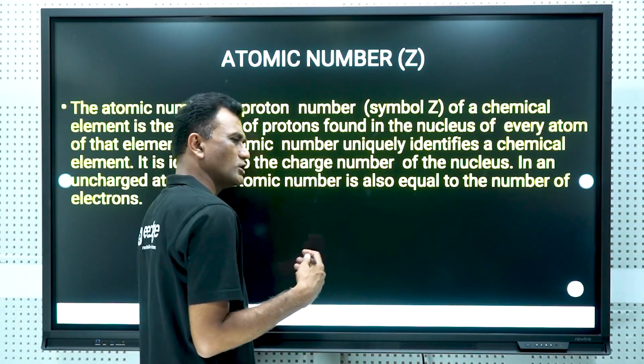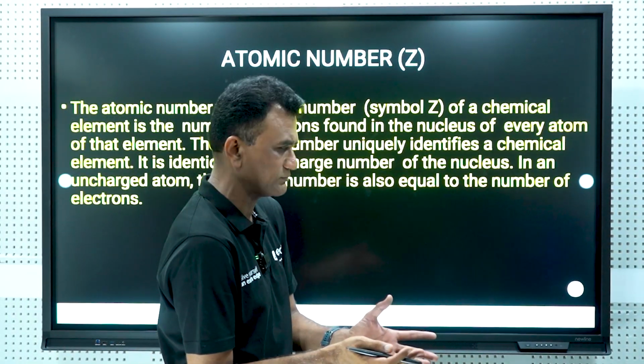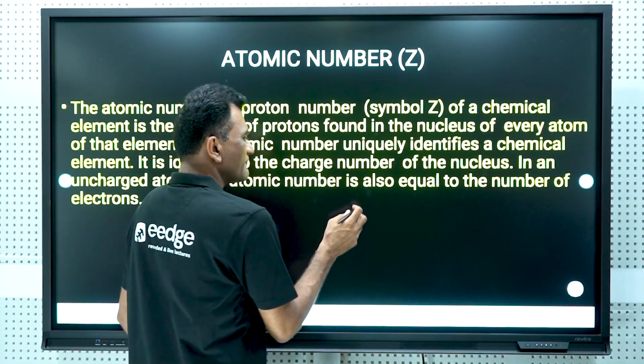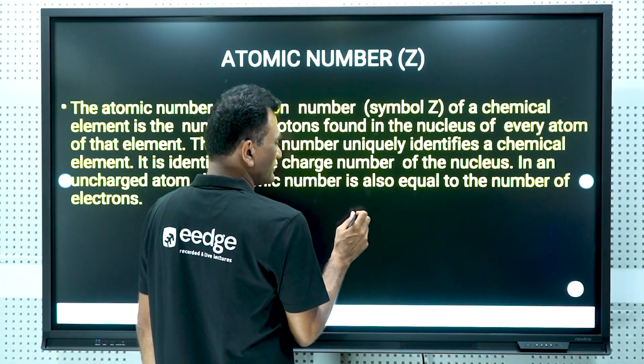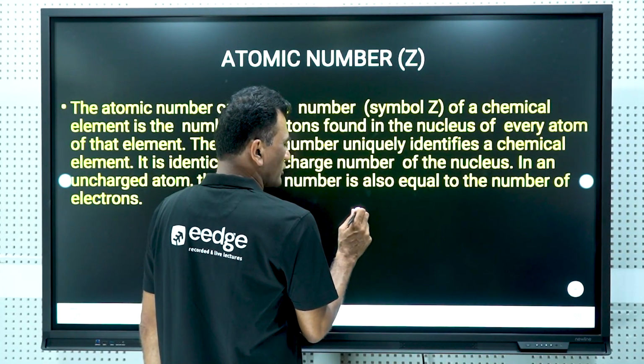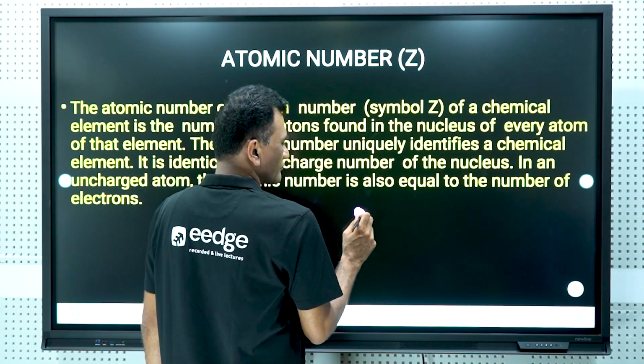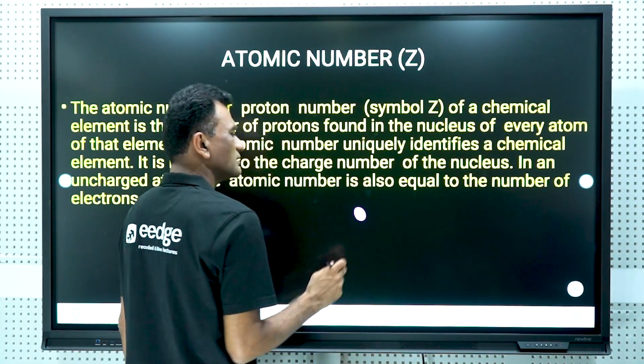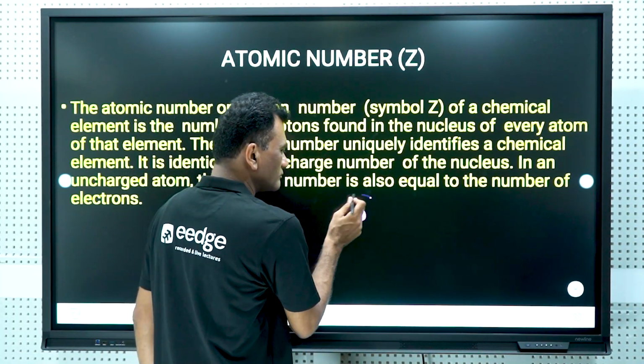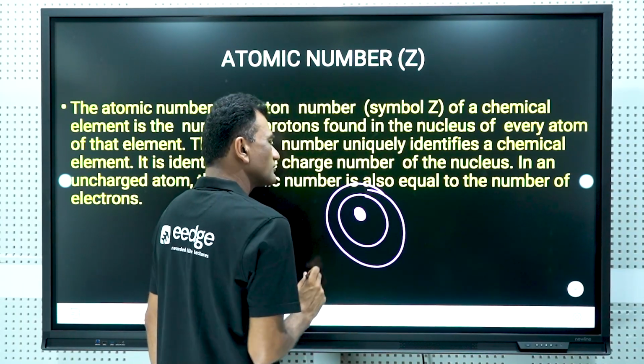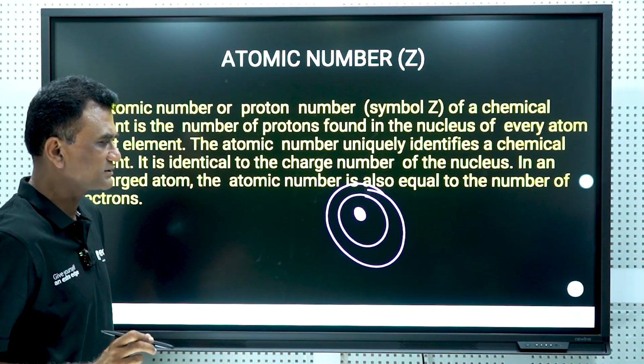Okay, now later on we'll study the structure of the atom. Those who don't know, atoms have a small positive charge, in which the protons are packed, and then electrons are moving in various orbits around it, right?